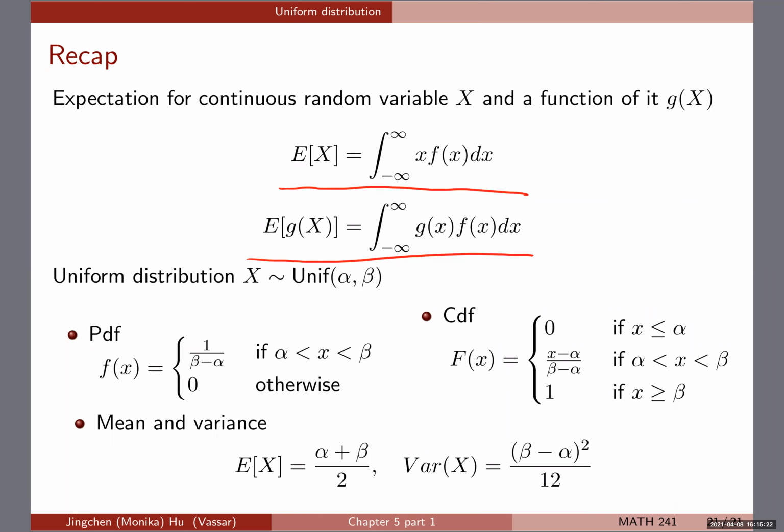We also saw a really handy method just now: if you are able to get the length of the event B, and divide it by beta minus alpha, you're able to get the probability from a uniform distribution pretty quickly as well.